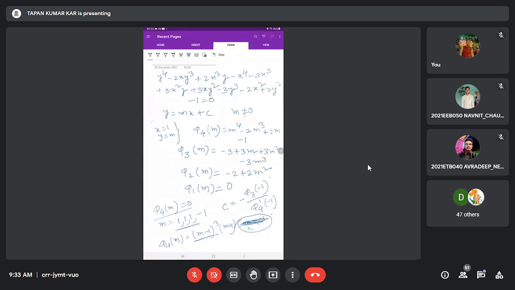So you cannot use this formula. I have solved up to 2 repeated roots, but here I have considered 3 repeated roots. So how will you find the other c corresponding to m equal to 1?